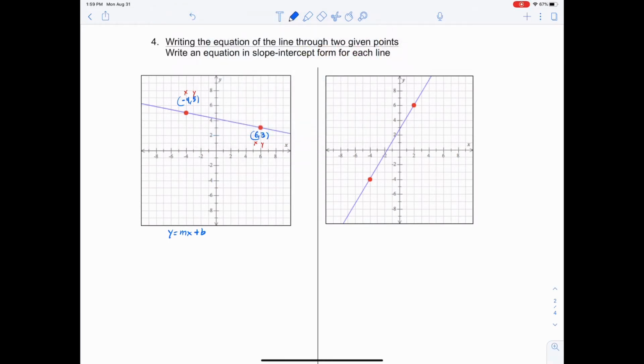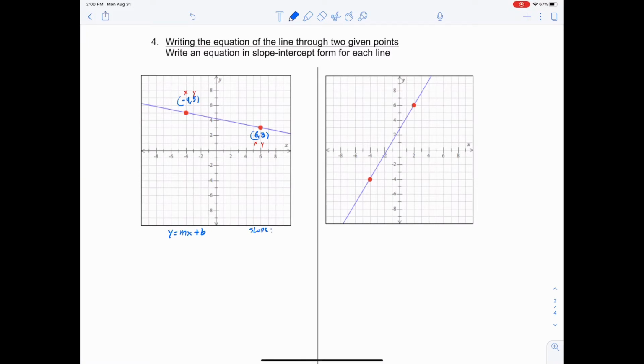And I want to see if I can find the slope by doing rise over run. Again, there's 2 options here. We can do rise over run, or we can do y2 minus y1 over x2 minus x1. So to find slope, maybe it'll be helpful if I wrote this out.